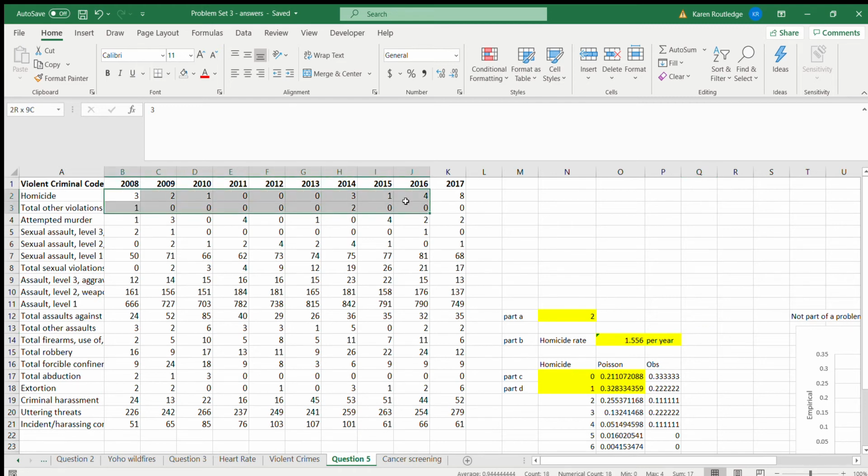We can highlight that and just look down here and see what's 1.55, or we could use the average function, or we could sum up the total number of homicides divided by the number of years. So this is just a simple mean, a simple average, the way we always would, no weighted averages involved. All of those give us the same answer of about 1.6 homicides per year. All else being equal, that is what we would expect in any given year.